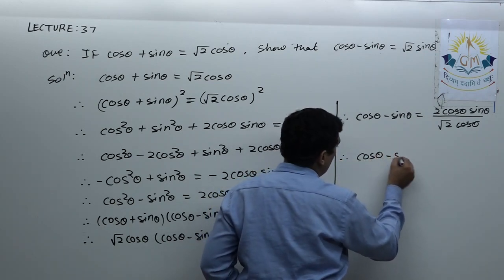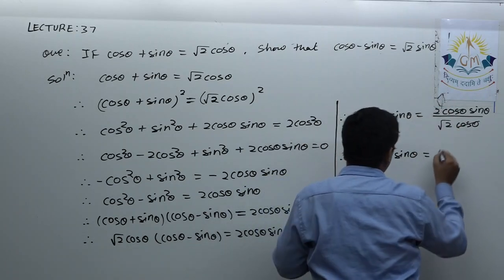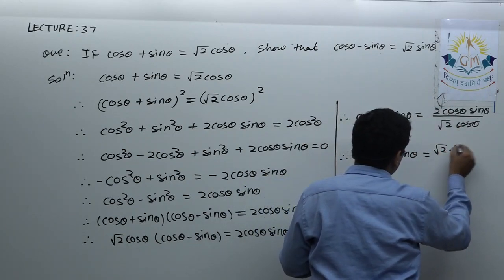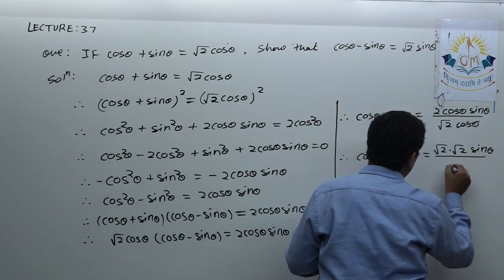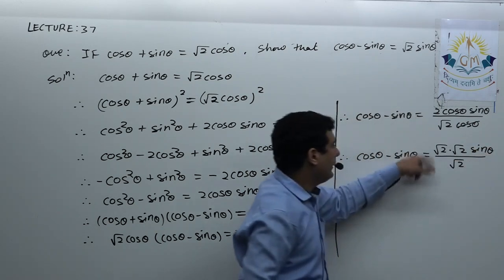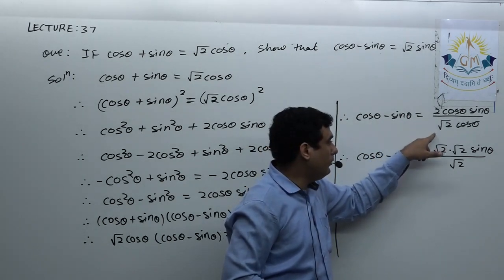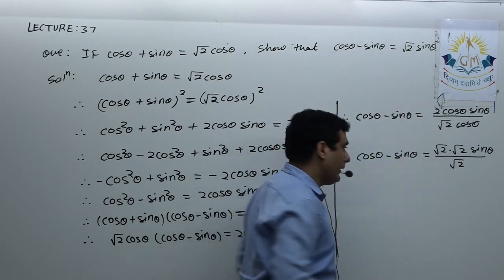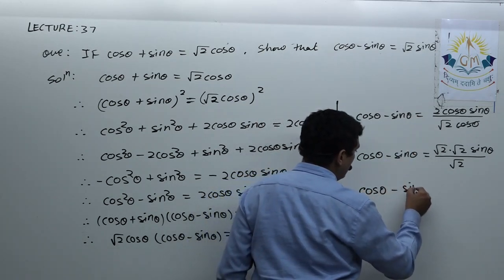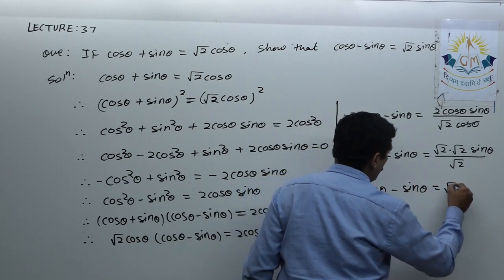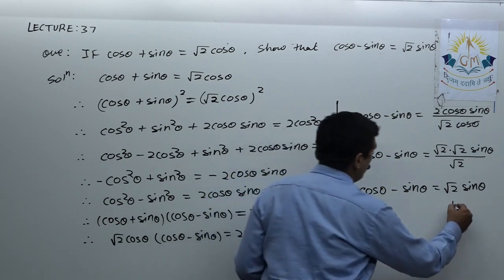Now 2 can be written as root 2 into root 2 sin theta as it is divided by root 2. Or if you are not getting it this way, you can say the denominator is irrational, so when you rationalize the denominator, by default you will get your answer. So cos theta minus sin theta is equal to root 2 sin theta. Hence proved.